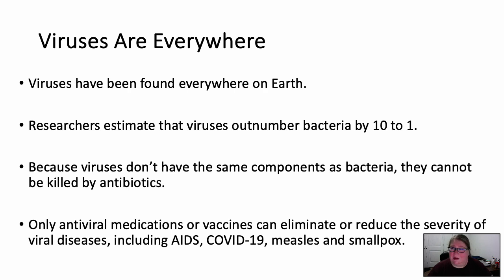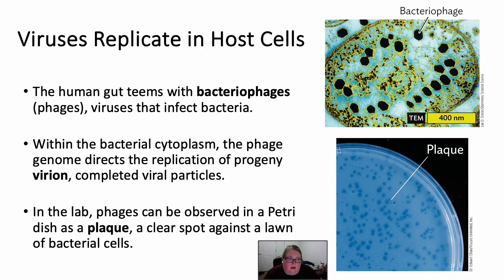So we'll talk a little bit about that as we go through this chapter. But this is why it's important for us to understand how viruses work and how to treat them, because they are literally everywhere. And you probably know somebody in the last 2 weeks who has gotten some form of virus and gone down sick. Okay, so let's talk a little bit about how viruses replicate.